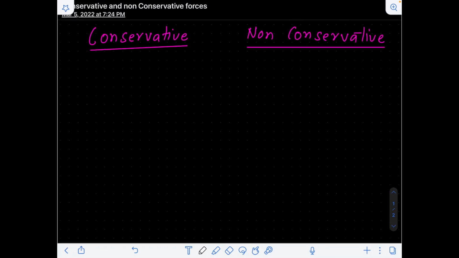The conservative forces are those forces due to which the work done in a closed path is zero. It is the very basic definition.